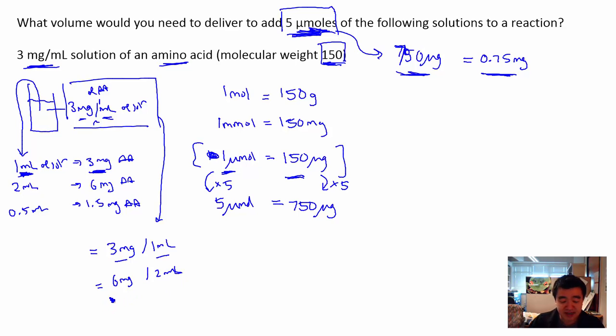If I need 6 milligrams, I'm going to take out 2 mils. But I don't need 6 milligrams. I need 0.75 milligrams. So 0.75 milligrams per something mils. And to get from 3 to 0.75, let me bring up a calculator here.